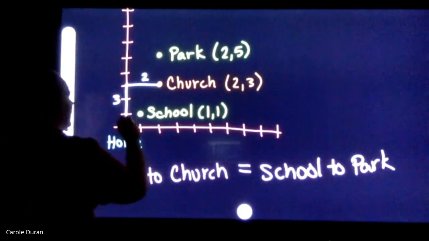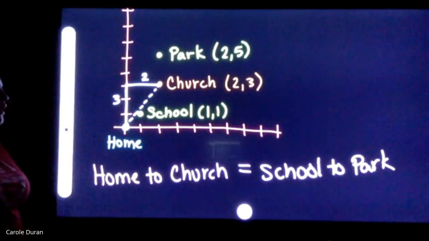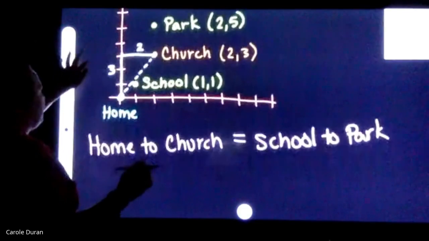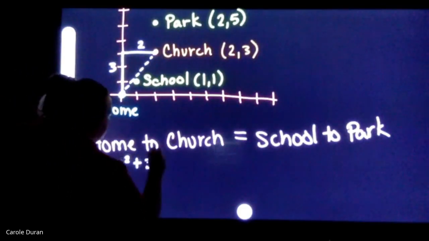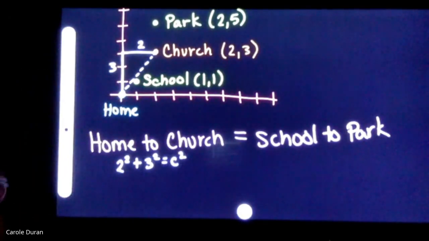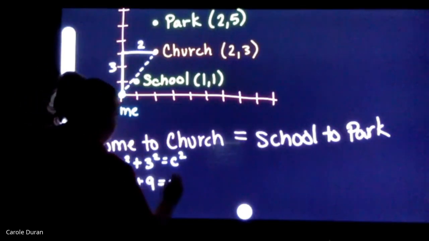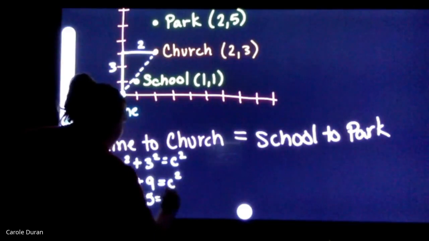So I'm going to use that information to calculate this diagonal distance from her home to the church. I'm just going to use Pythagorean theorem like I have been before. So I have 2 squared plus 3 squared equals c squared. 2 squared is 4, 3 squared is 9, which means I get 13 is equal to c squared.